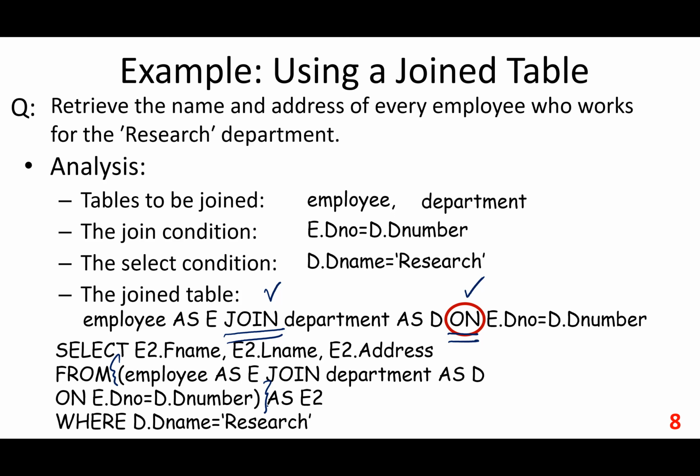After those two tables are joined, we can use an alias E2 for that new joined table. Later you can use that E2 to refer to the different columns in the E2 table. So that's this explicit table join example.